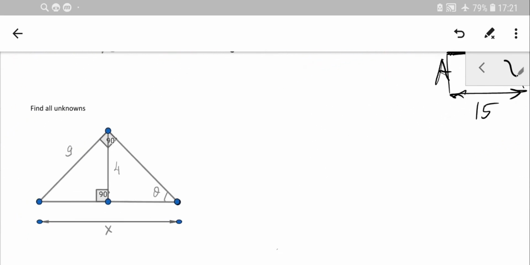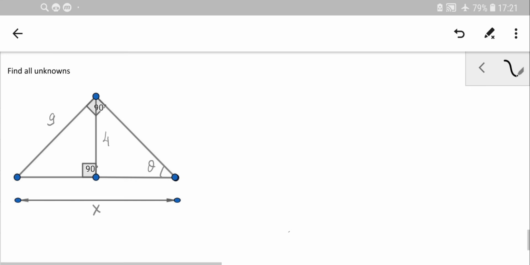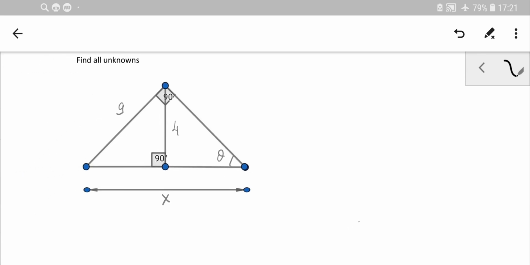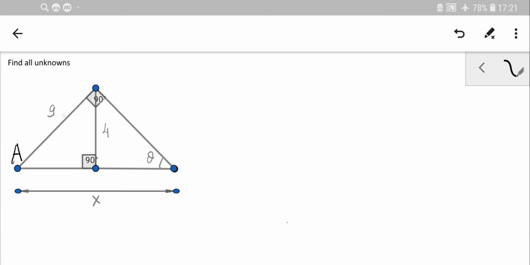Okay, and the last one: find all unknowns in this picture. Okay, so let's calculate. We've got x, this side which is unknown, so let's mark A, B, C, and D. And first of all, what we need to find, let me see.